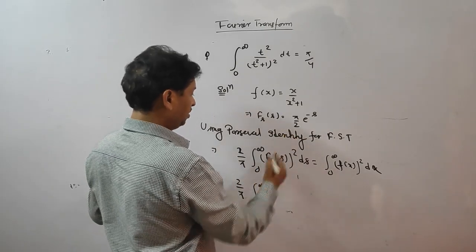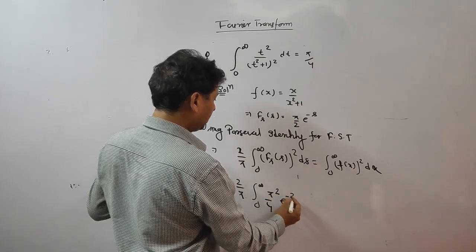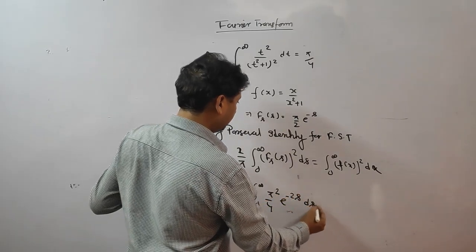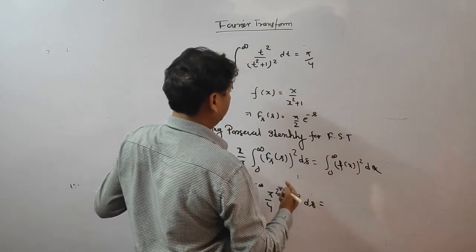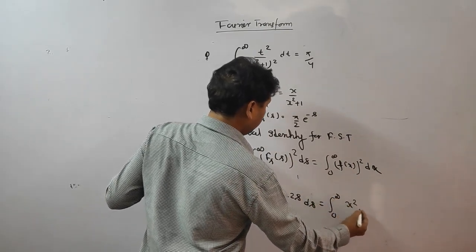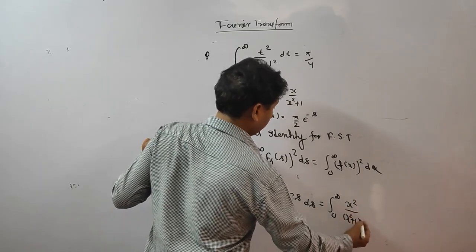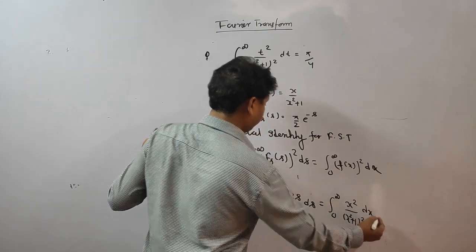What is F_s? Pi square by 4 e to the power minus 2s ds. What is the right hand side? Right hand side is integral 0 to infinity x square upon (x square plus 1) whole square dx.